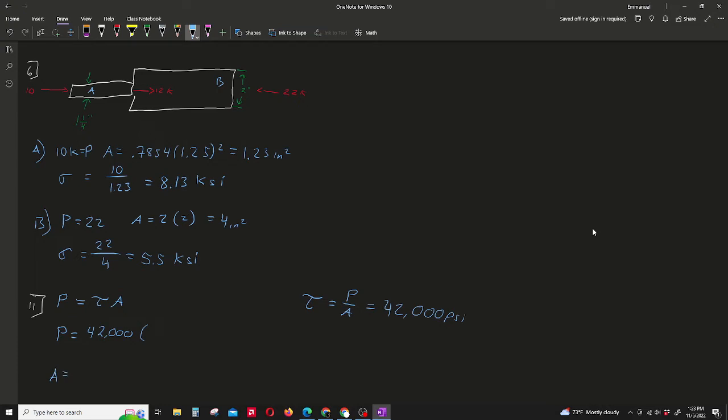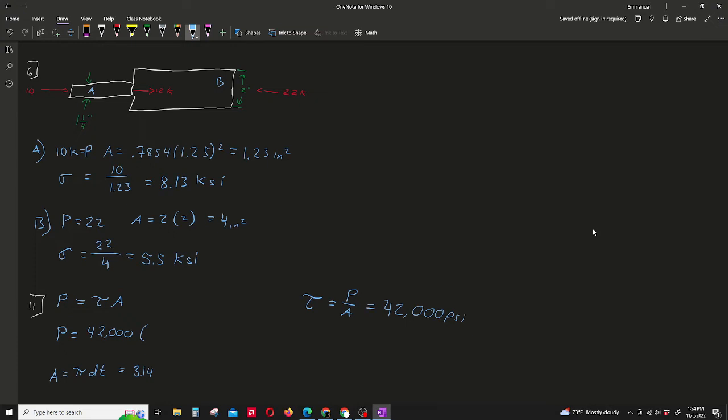A for this object here is going to be pi d t, diameter and the thickness. So we've got 3.14, and this value might change a little bit. It just depends on if you use 3.14 or whatever, or if you just punch in the pi symbol in your calculator.